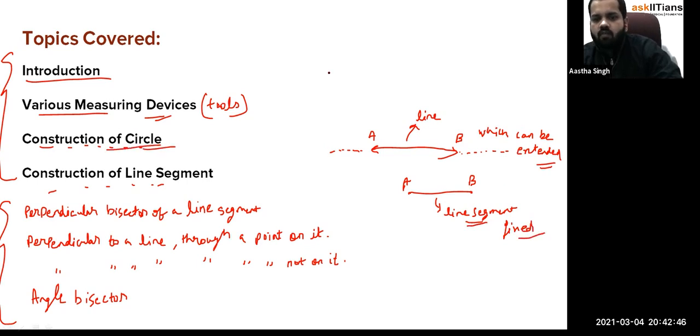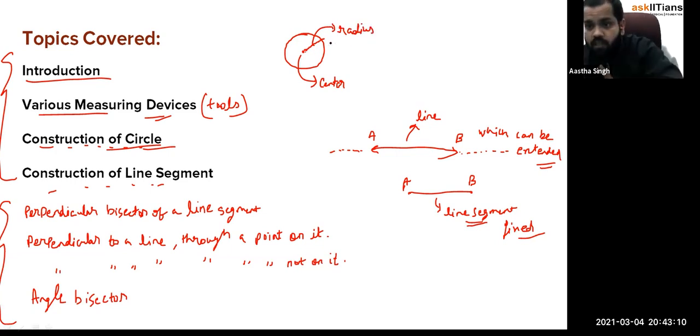Construction of a circle. What is a circle? A circle is basically an enclosed shape with its fixed center and a fixed distance. That distance is the fixed radius, right? This is what a circle is. You know the shapes of a circle you usually see in your home, for example, the wall clock.